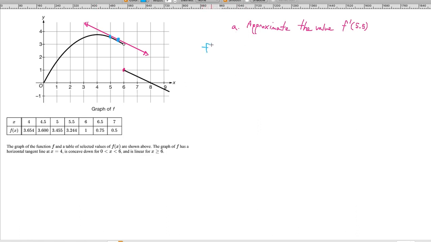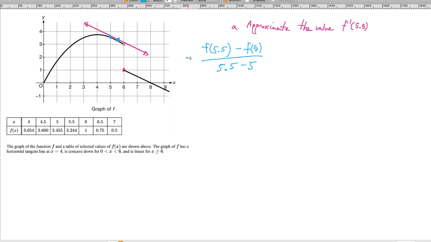f of 5.5, and I know that value, the y2 value, minus the y1 value, f of 5, over the subtraction of the x values, which is 0.5, or 5.5 minus 5.